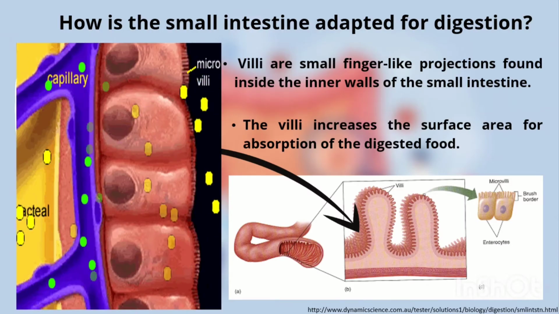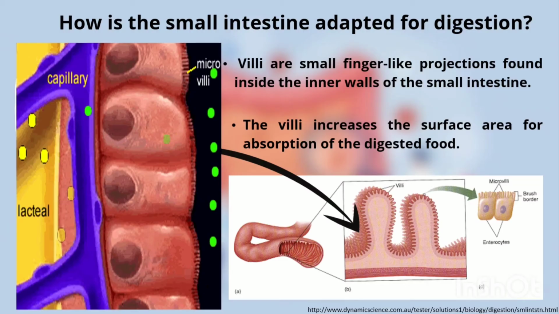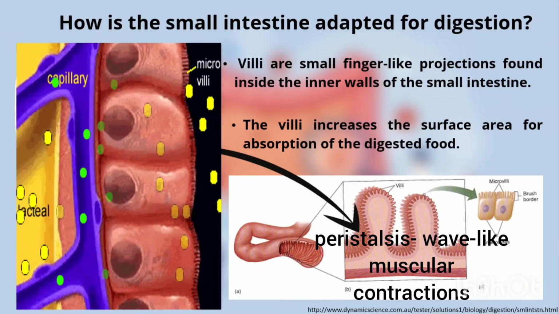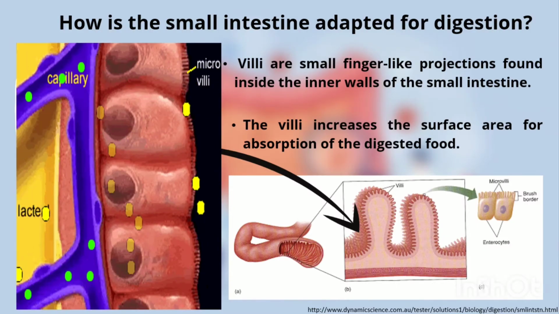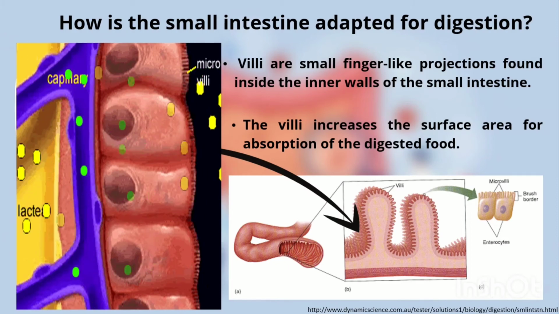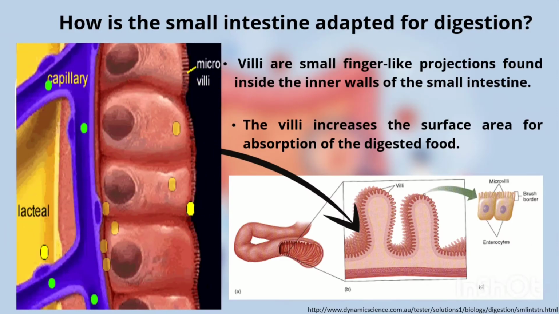Also, the small intestines are lined with smooth muscle tissue, allowing for a process called peristalsis, which is the wave-like muscular contraction that propels food through the small intestine. And enzymes secreted by the pancreas and bile from the gallbladder enter the small intestines and break down nutrients, the 3 main types of which are proteins, lipids, and carbohydrates.